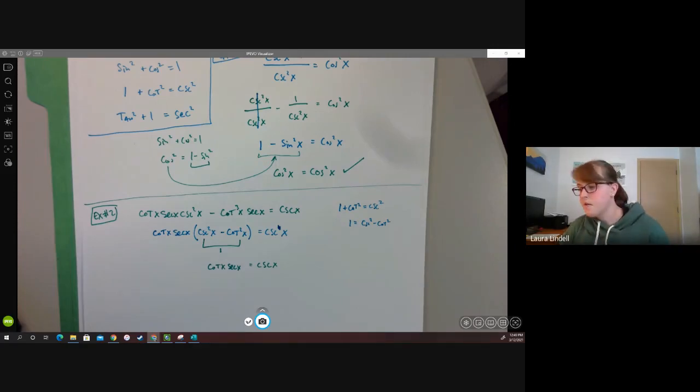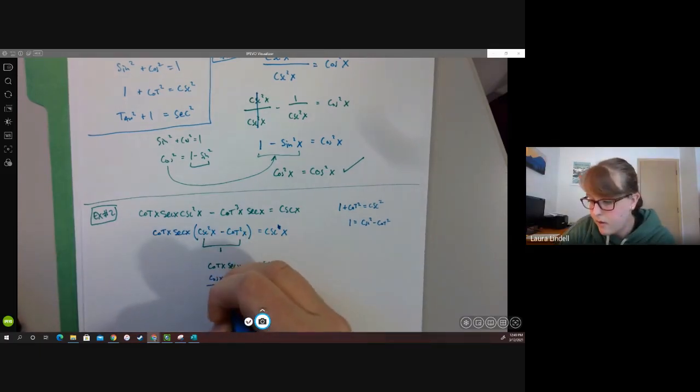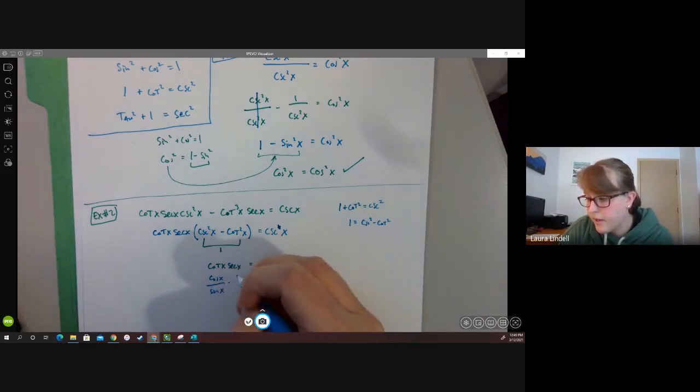Then I might try putting things into terms of sine and cosine. So cotangent is equal to cosine over sine, and secant is 1 over cosine.